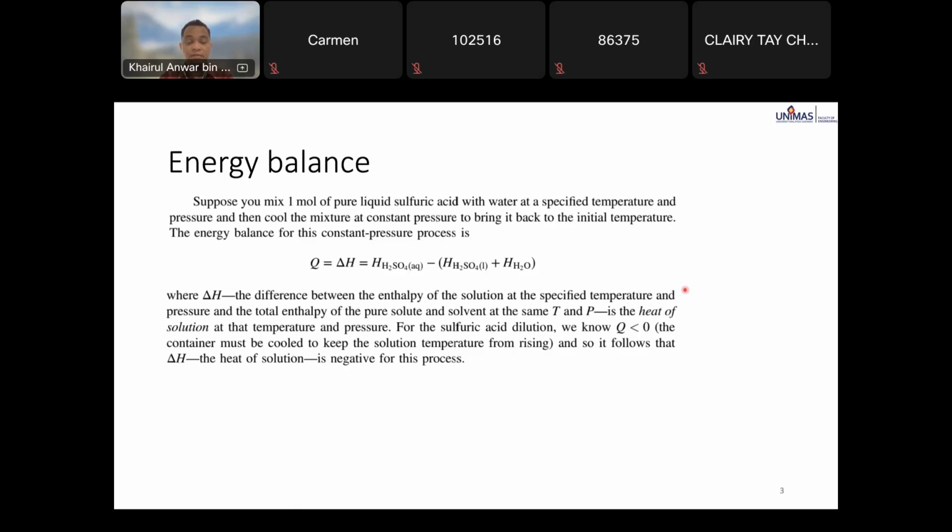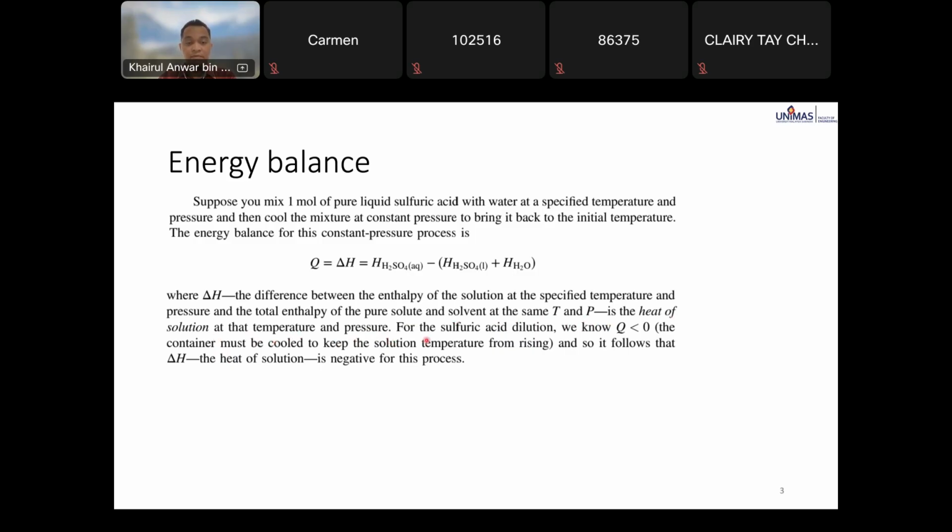The energy balance for this constant pressure process is Q equals delta H equals enthalpy of the H2SO4 solution minus enthalpy of H2SO4 liquid plus enthalpy of water, where delta H, the difference between the enthalpy of the solution at the specified temperature and pressure and the total enthalpy of the pure solute and solvent at the same temperature and pressure, is the heat of solution.